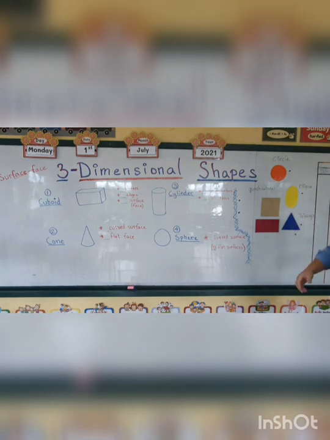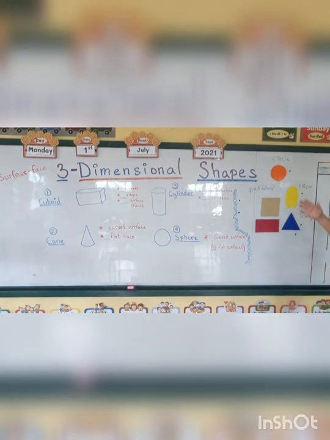Now, let's see if you can remember the criteria for each of these shapes. So, what defines each of these shapes? The circle, what is the criteria for being a circle? It's round, yes. Good. It's round. And what about the ellipse?